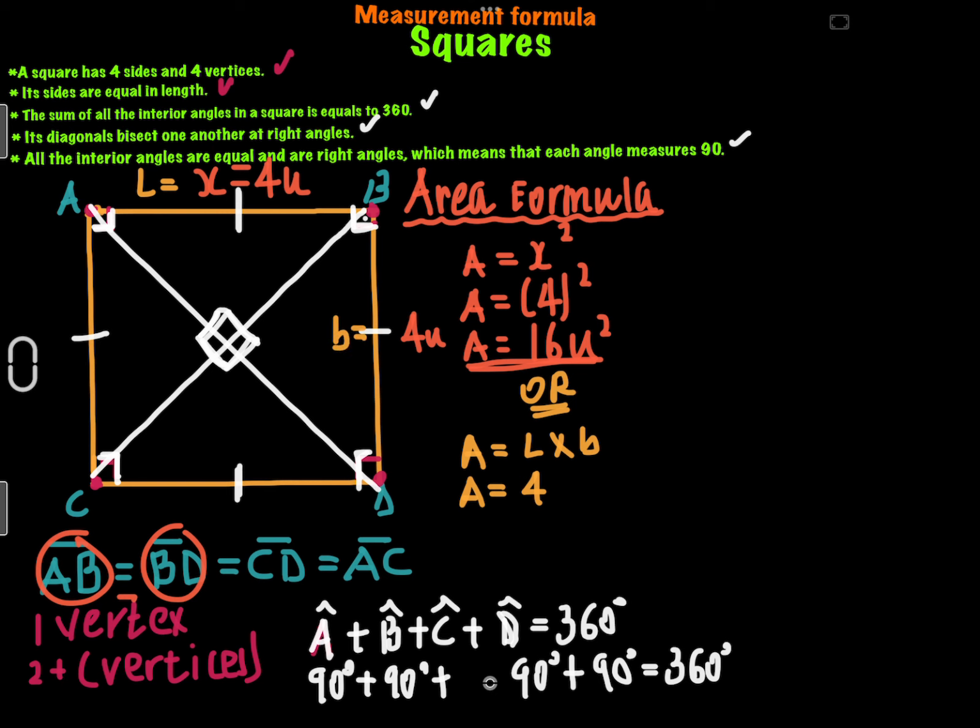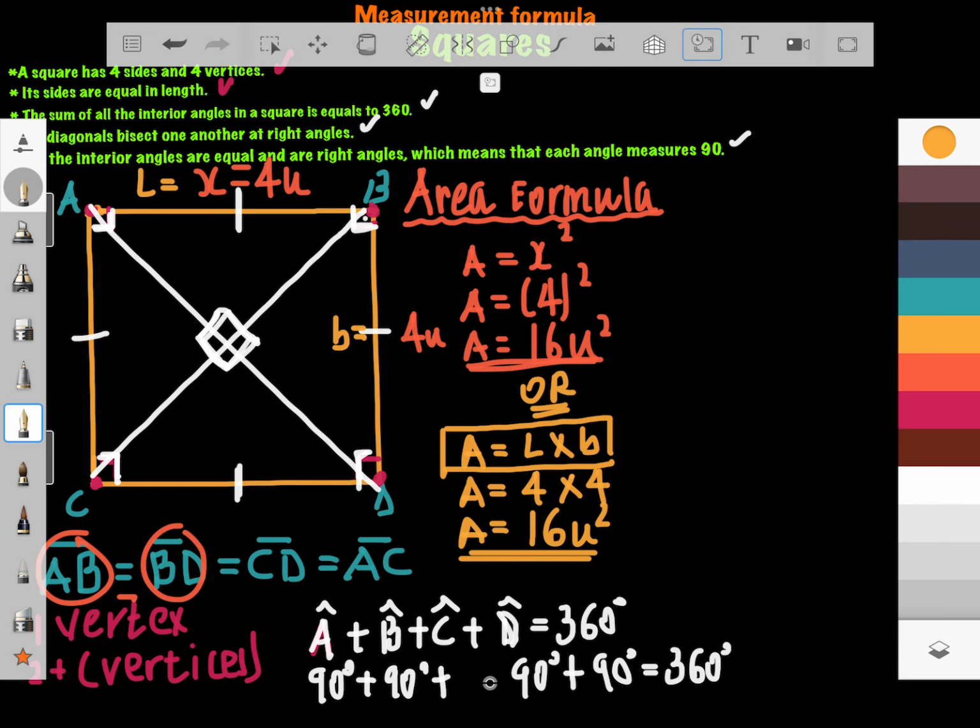So area is equal to length times breadth. This is the original formula for area. So by substitution, area A is equal to 4 times 4. Area is equal to 4 times 4, which gives us 16 square units. As you can see, we have different applications but the same answer.